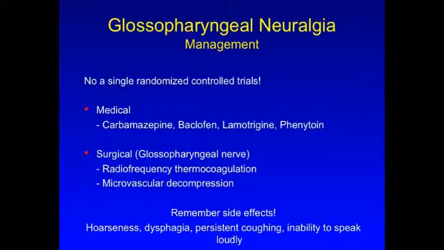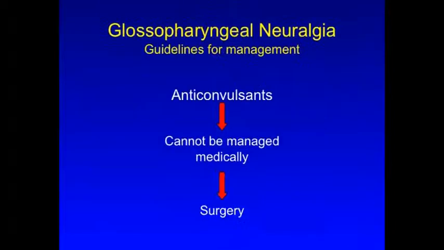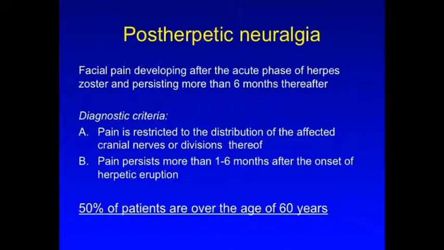And of course, the side effects could be dysphagia, persistent coughing, inability to speak loudly, because the nerves involved in these dysfunctions are very close to the glossopharyngeal. Guidelines for management: you start with anticonvulsants. If the patient cannot be managed medically, you go to surgery.